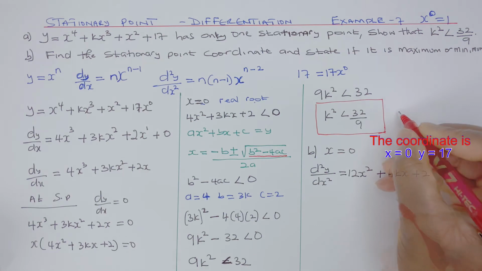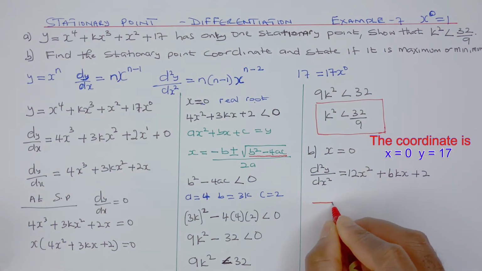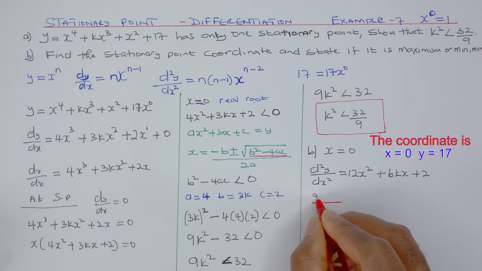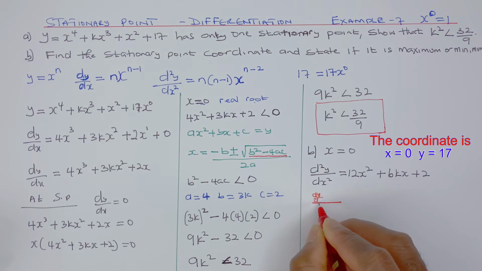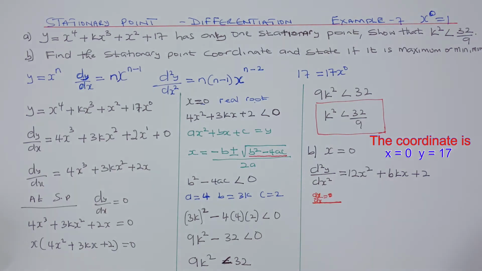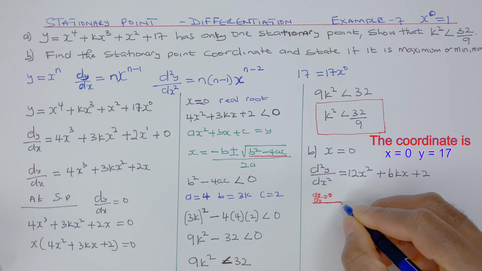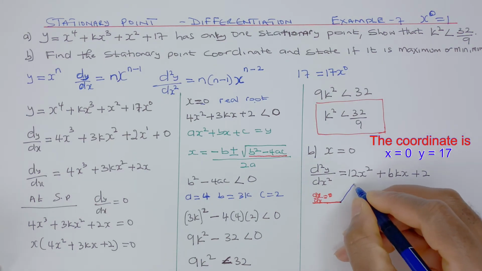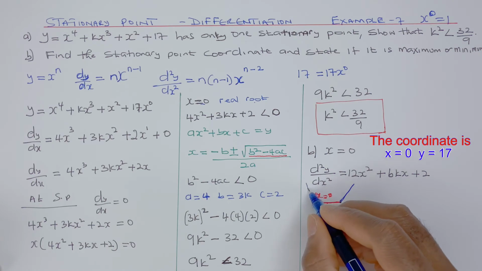If dy/dx equals 0, that means it's a horizontal gradient. That's stationary, and that could be a minimum or maximum. We don't know, and that's what we're trying to determine. It's stationary because it's horizontal. If the second derivative is positive, that would be a minimum.